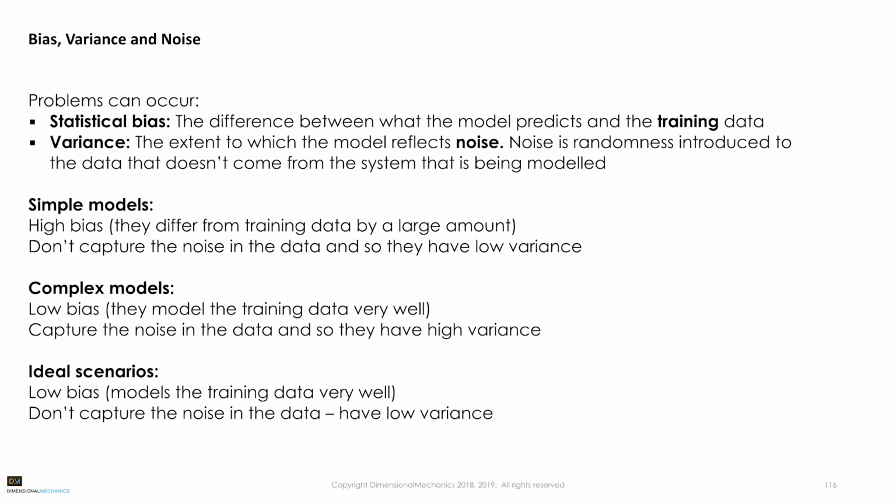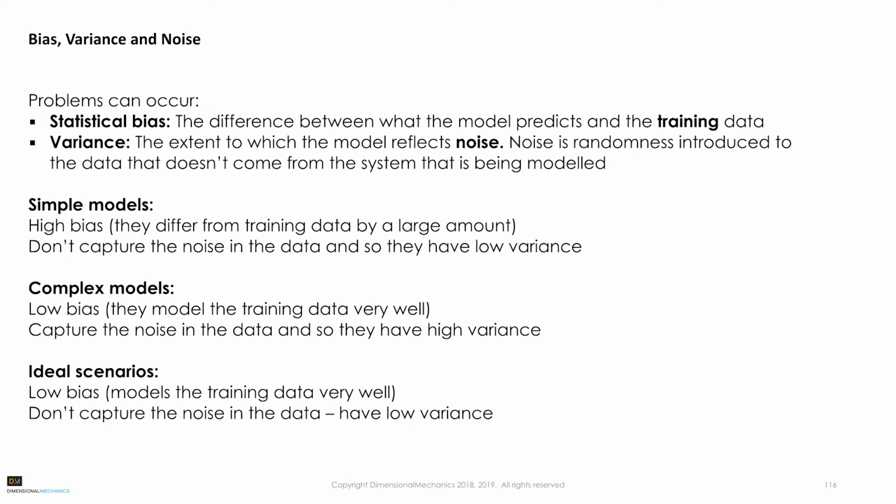So it's possible that your AI model is just learning noise because it's too complicated, so it literally just learns variance in your system, and that's not good because it has no predictive value. So the ideal scenario is you would like to make sure that there's really low bias and also really low variance. That would be the ideal situation.